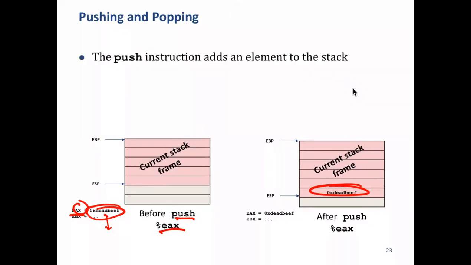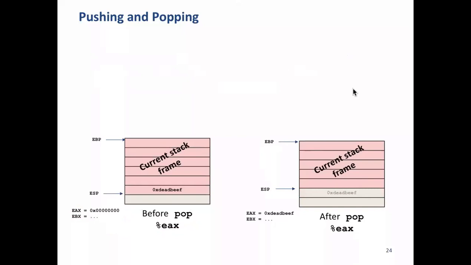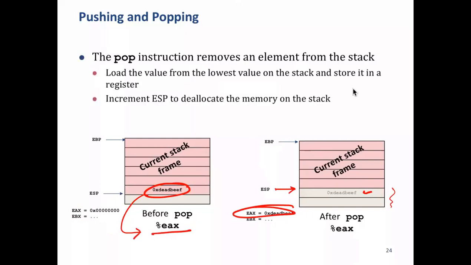Similarly we can do pop. When we do pop EAX, whatever value is there will go to EAX, and ESP will move here, and the memory that was here becomes available now. Clear? Okay. All right.